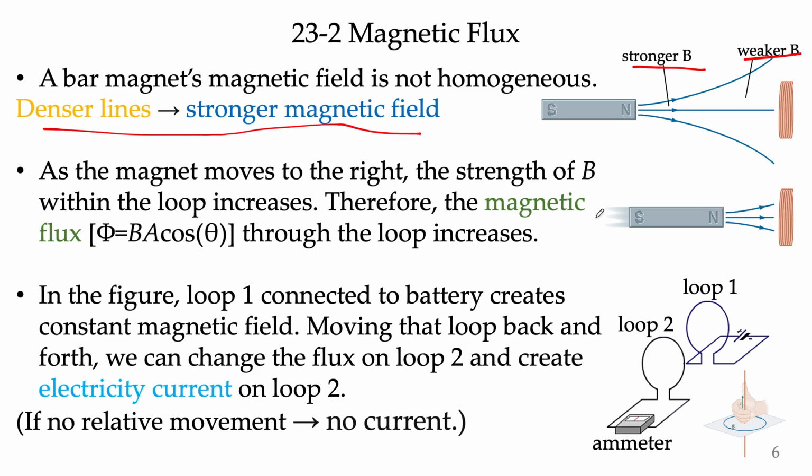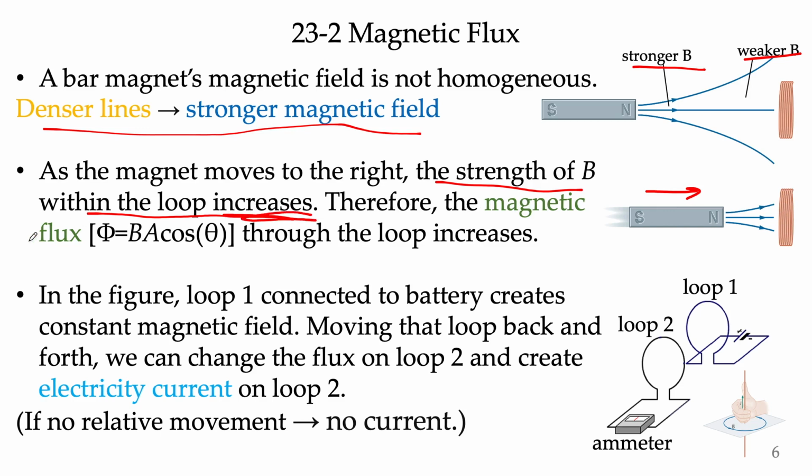So what happens as this magnet moves to the right? As the magnet moves to the right, the strength of B within the loop increases. Initially the magnetic field inside the loop was weak, but now the magnet is getting closer and closer to the loop, so the field strength inside the loop is increasing.